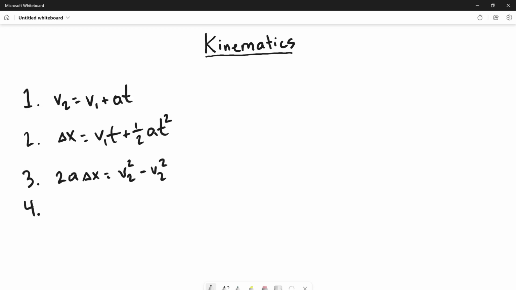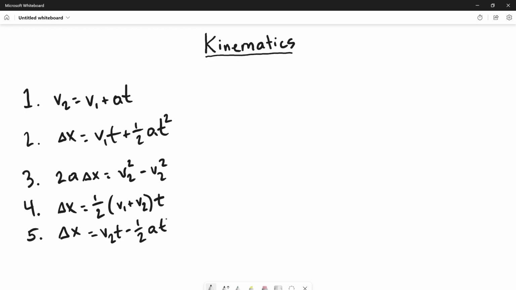So the 4th equation is going to be delta x equals 1/2 (v1 plus v2) times t, and the 5th is delta x equals v2 times t minus 1/2 at squared.